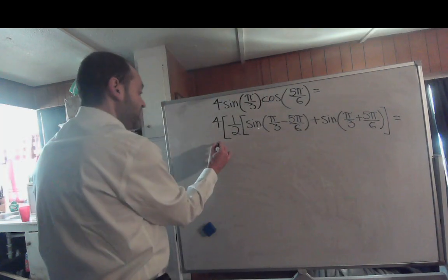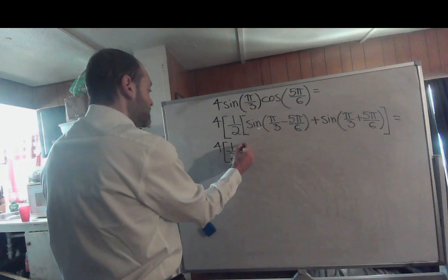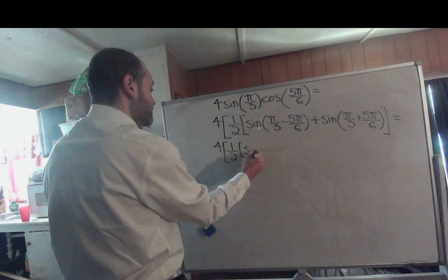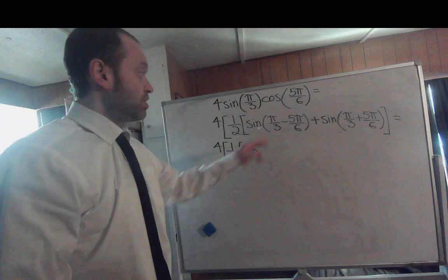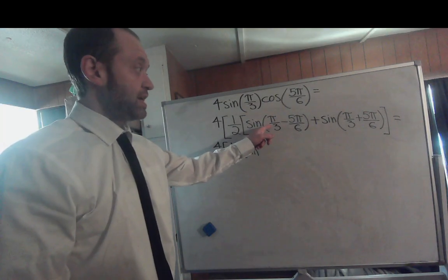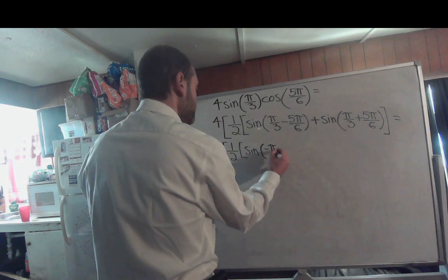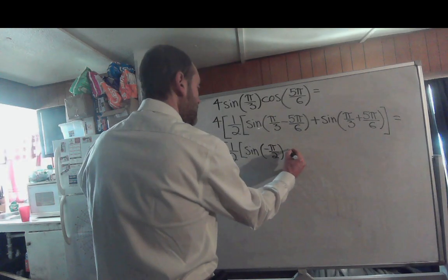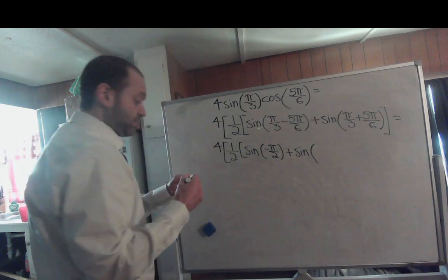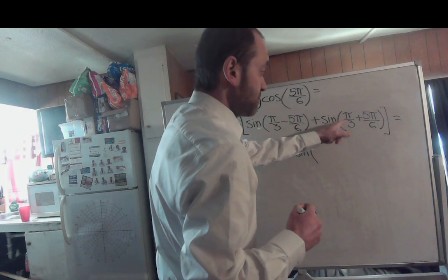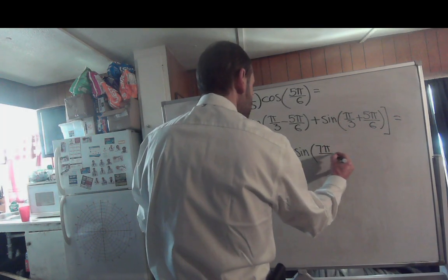So this would simplify further into 4 times 1/2 times the sine of, now what is pi over 3 minus 5 pi over 6? Well, pi over 3 is the same as 2 pi over 6, so this would end up becoming the sine of negative pi over 2 plus the sine of, now pi over 3 again is 2 pi over 6, so 2 pi over 6 plus 5 pi over 6, that's 7 pi over 6.